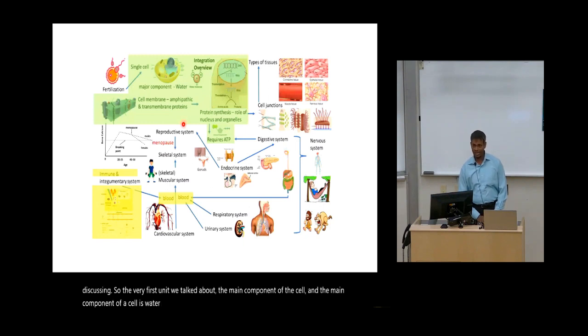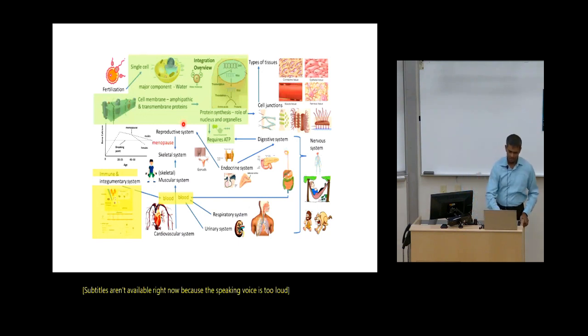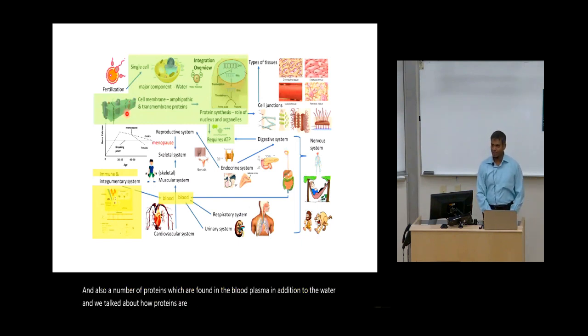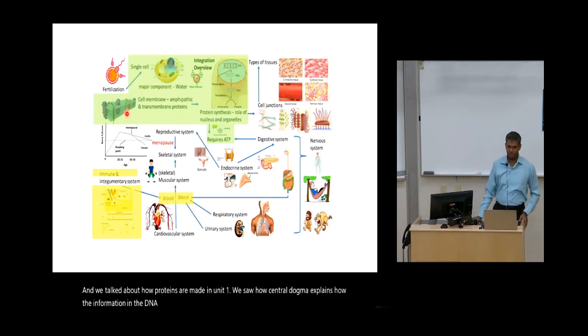And so we see that the blood is also mainly made up of water, and also a number of proteins which are found in the blood plasma in addition to the water. And we talked about how proteins are made in unit 1. We saw how the central dogma explains how the information in the DNA is moved to the RNA, and from the RNA we have proteins being made.